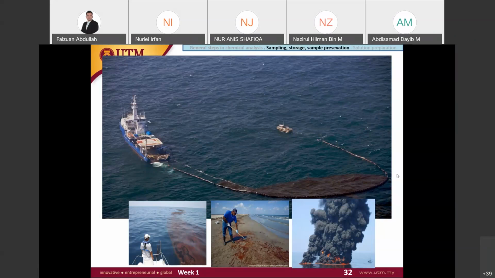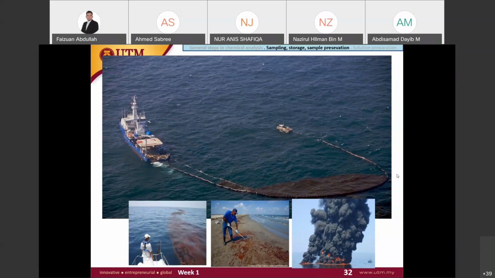Maybe we can take some pieces from that boat or ship that burned. Can you repeat it? How? So the boat has burned. Maybe you can take some burned pieces and analyze them. Yeah, all right.